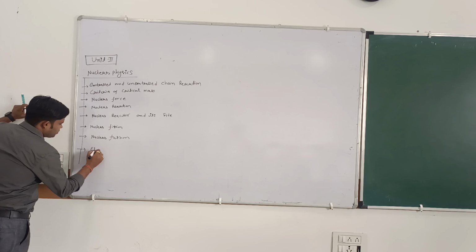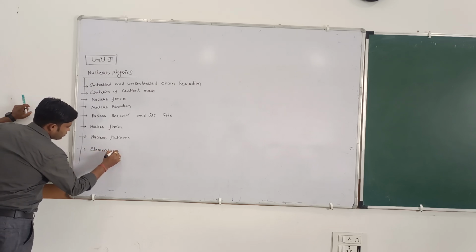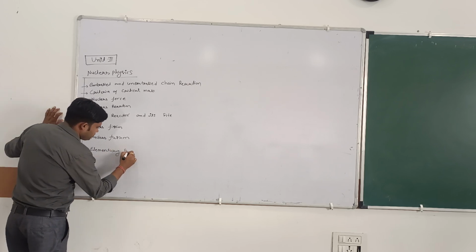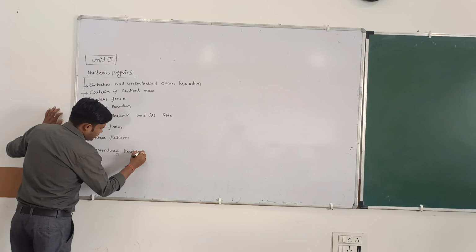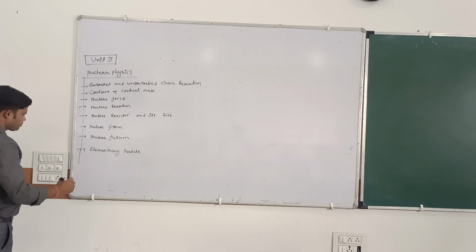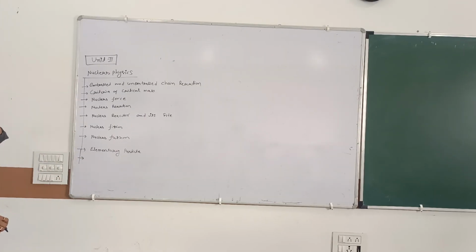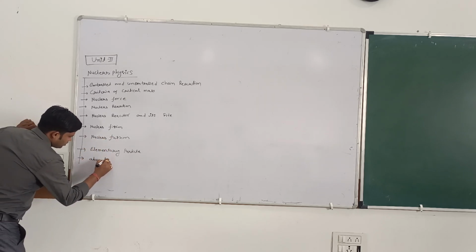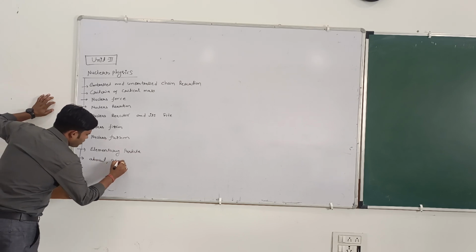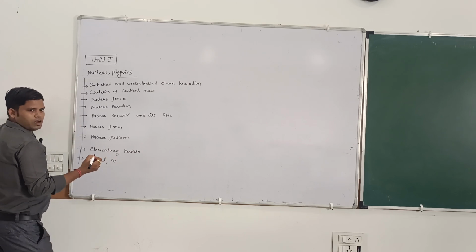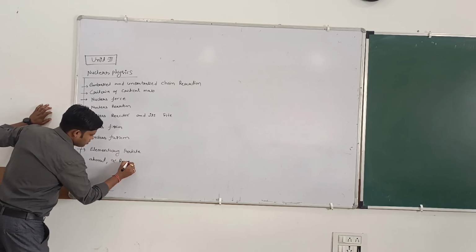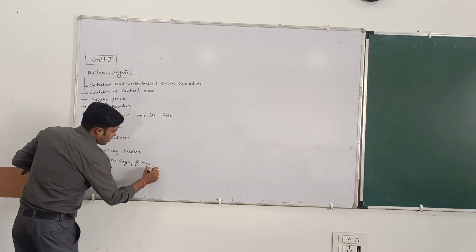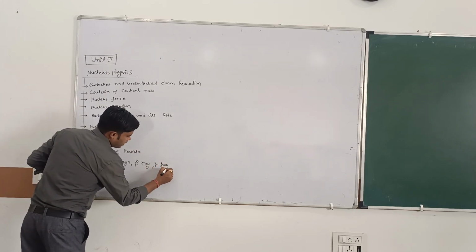Elementary particle. And after elementary particle, about alpha particle or alpha rays, beta rays or beta particle, and gamma rays or gamma particles.